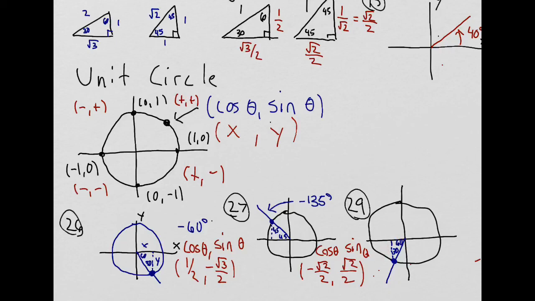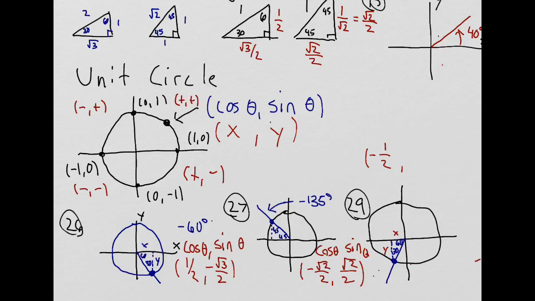Here's my, the x is going to be right there. The y is going to be right there, right? So the x is going to be opposite the 30. Going back to my triangle again, that's 1/2, right? But it's in the third quadrant, so it's going to be negative 1/2.